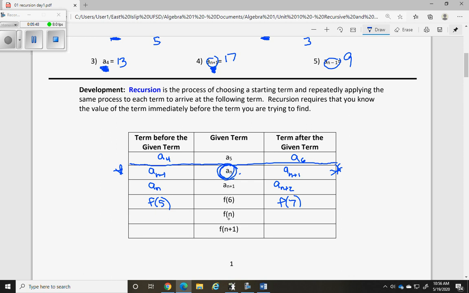The one before f of n is f of n minus 1, and the one after it is f of n plus 1. And if they give me f of n plus 1, then the one before it is just the f of n, and the one after it is now an f of n plus 2. Something that comes one after, you just add on one more. Something that's one before, you take away one.